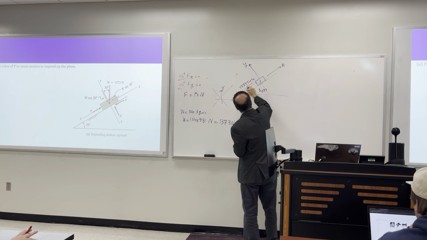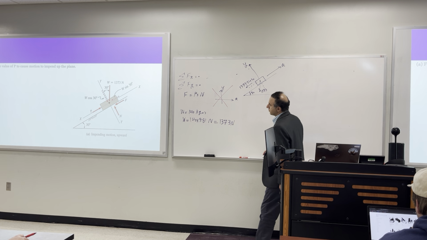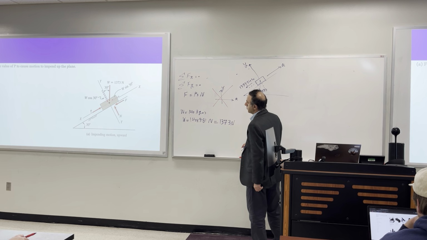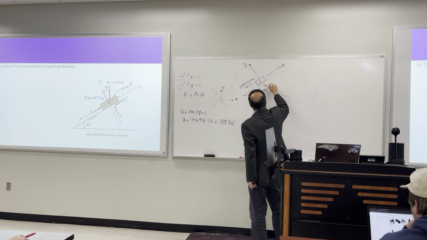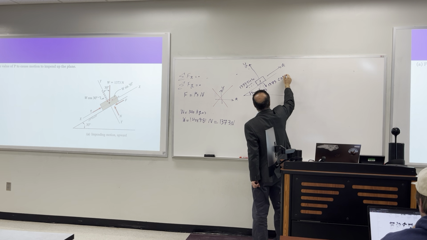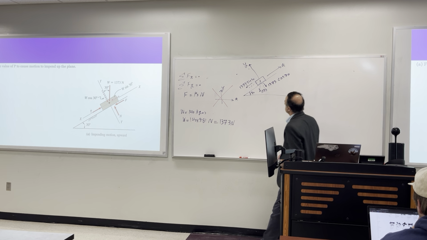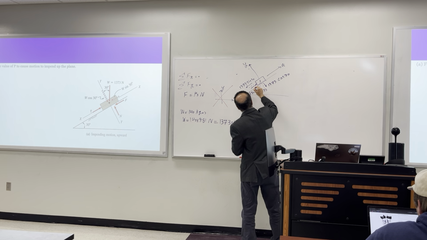So this is my W in x direction. My W in y direction will be 1373 times cosine 30. Okay, I have this, and then I have P applied here.